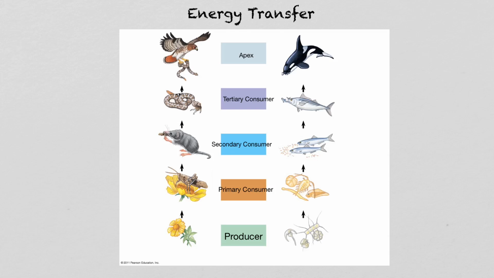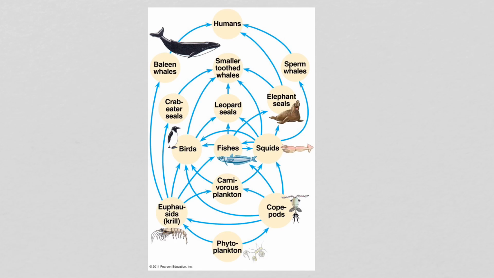Now, food chains don't encompass an entire ecosystem, so they're probably not completely accurate. But if we wanted to be more accurate, then we would move to food webs.